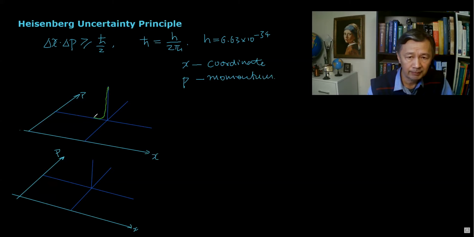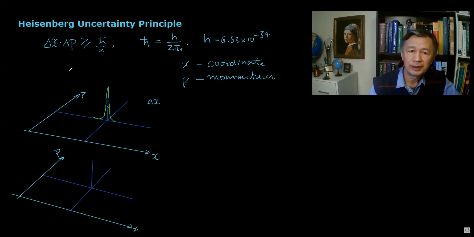I use a very sharp peak to represent this. Of course, in a real experiment, some uncertainty is inevitable. However, I just draw this sharp peak to represent that in this case, your measurement of the position is very reliable because the standard deviation, delta x, is very small.